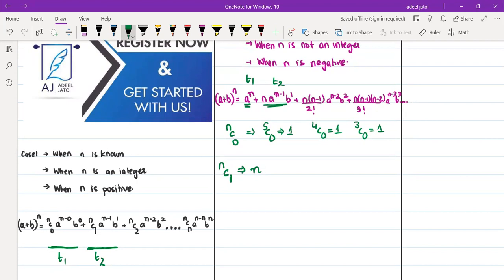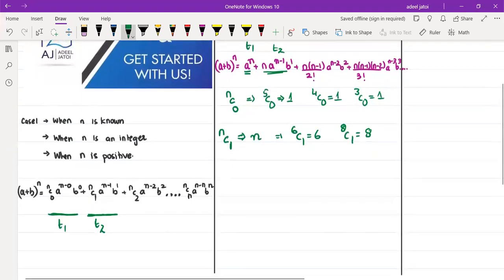So you can write n directly in the second term, because it represents nC1. Similarly 8C1 is 8.